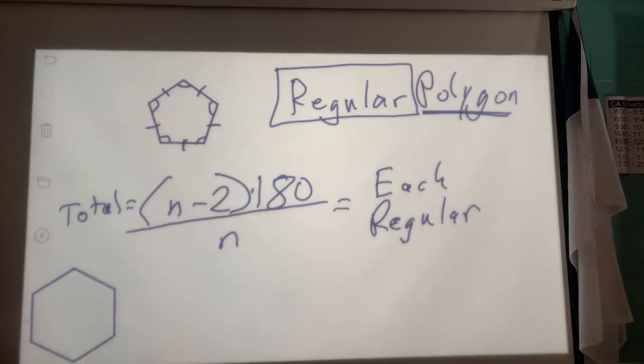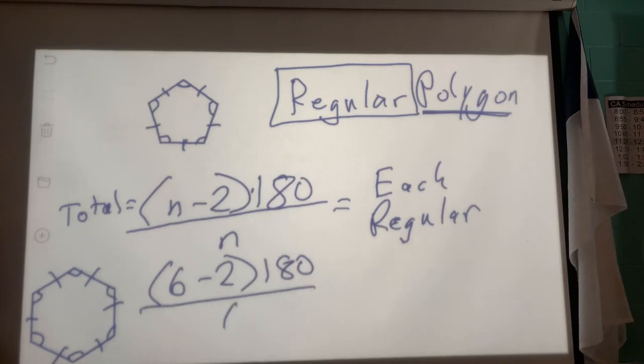All right, and so if I take this 6-sided figure to where all the angles are going to match, so then I would substitute in place of the n the number 6. Now everything else in the formula stays exactly the same. But again, I'm going to put a 6 in the denominator, okay, in place of the n, because I'm going to divide that total, all of them added together, divide by how many there are, and that will cut it up into equals.